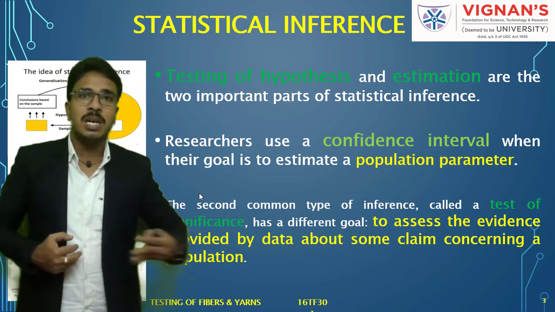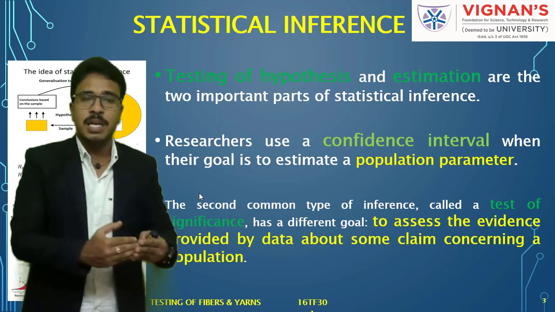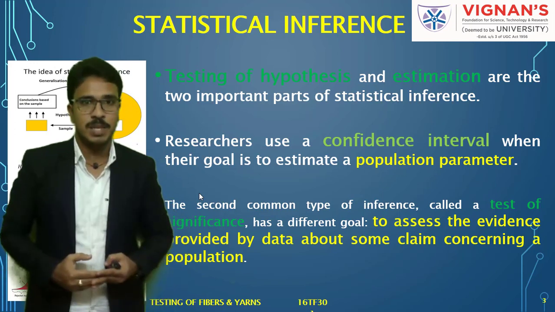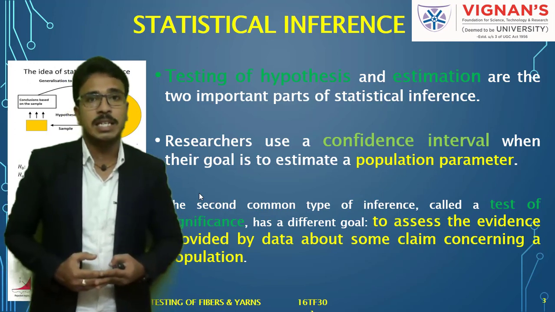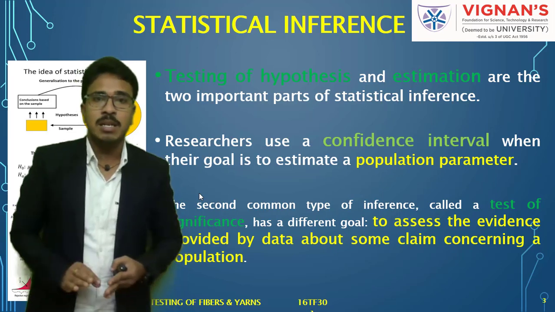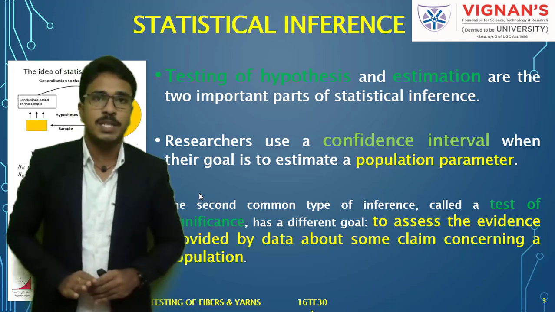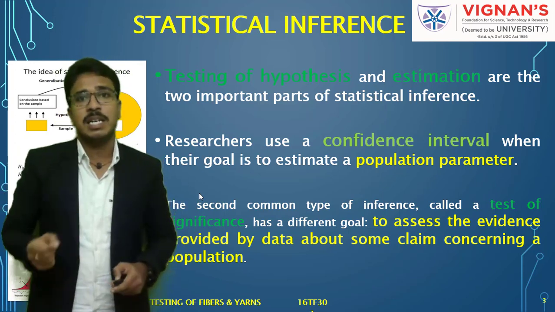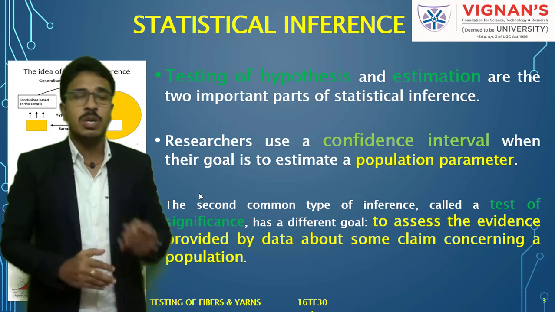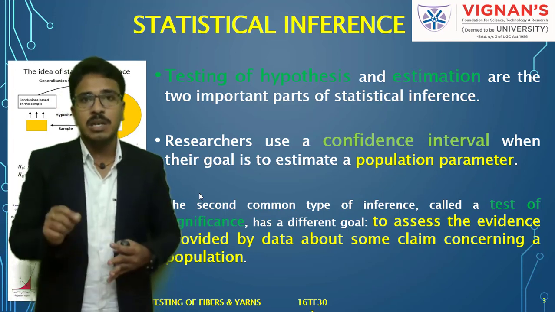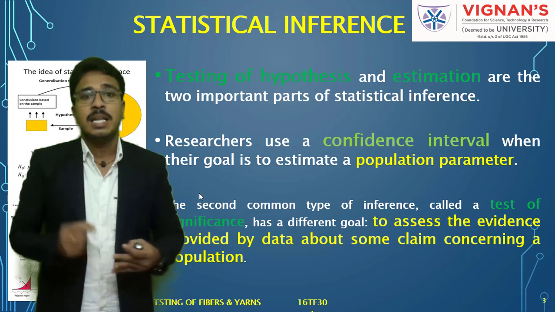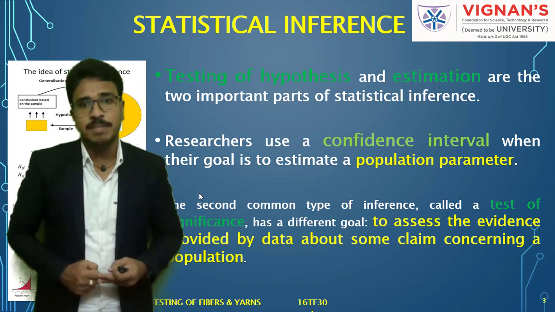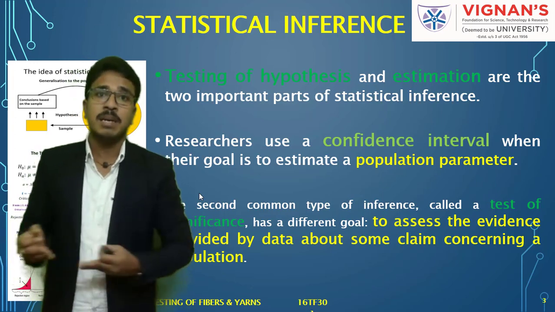In estimation, what is our goal? Our goal is to estimate the unknown population parameter theta from the sample selected from the population. When it comes to the test of significance or test of hypothesis, the goal is completely different. Here we are assessing the evidence provided by the data about some claim concerning a population.